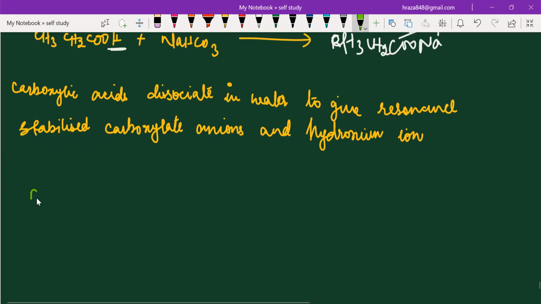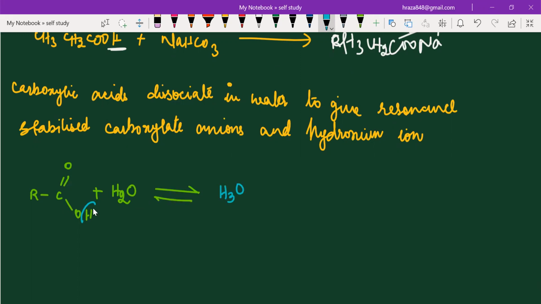Now, as you can see, this is your carboxylic acid, RC double bond O, OH. And if you react this with water, H2O, what will happen? It's very easy to know. From here, H plus will be released. So H3O positive, that is hydronium ion, and O minus will be there. This is your positive part. So from here, you can see how the resonance is taking place.